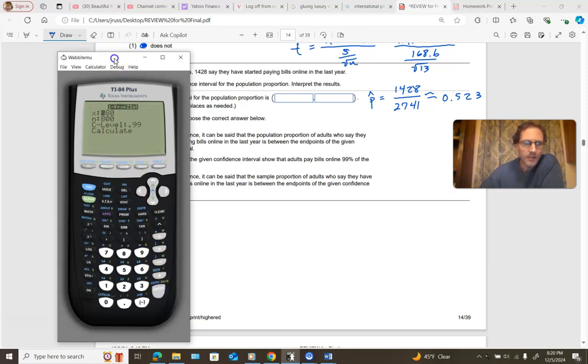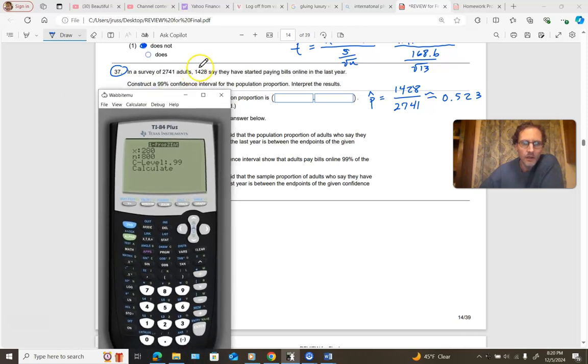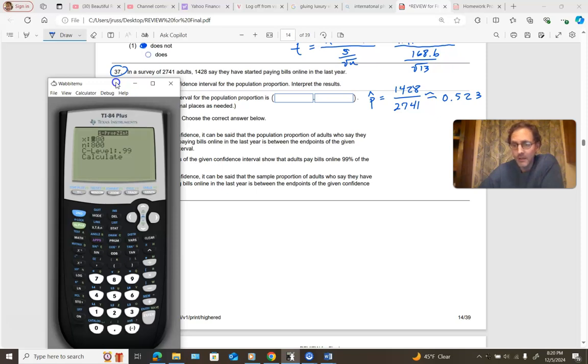Okay, and you're going to put in there x is just the number of respondents that affirm, essentially. So you can just type in 1,428. So the calculator will calculate p hat for you. And then I don't know if you recall or not, but once you know p hat, you can find q hat. And once you know that, you can find the actual standard deviation, okay? But fortunately, the calculator will do all of this for us. We'll just put in the sample size, 2,741.